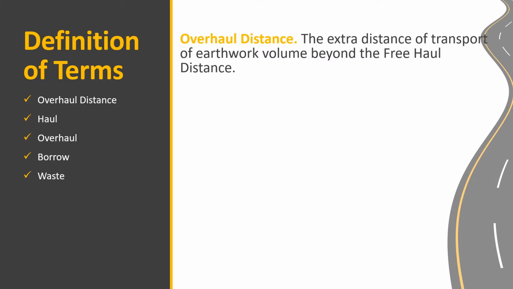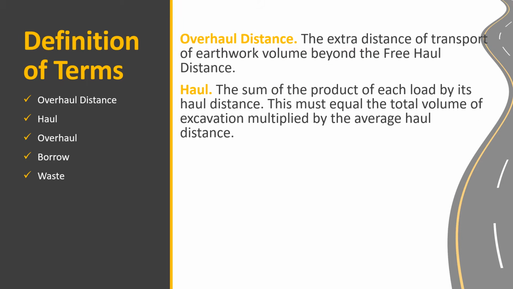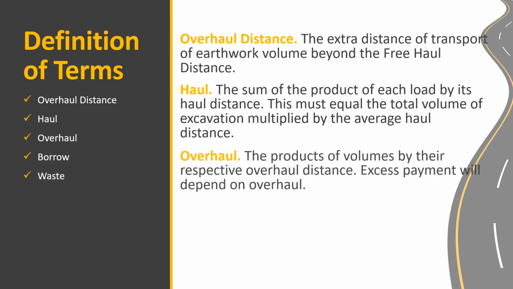Next is overhaul distance. It is the extra distance of transport of earthwork volume beyond the free haul distance. Haul is the sum of the product of each load by its haul distance. So this must equal the total volume of excavation multiplied by the average haul distance.